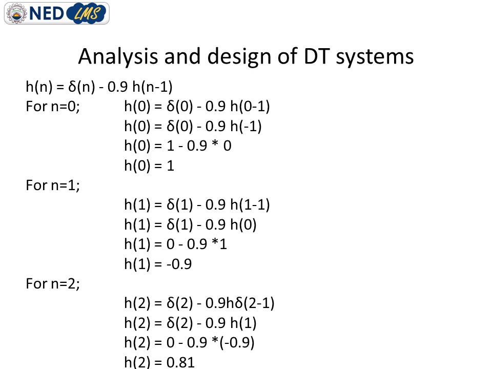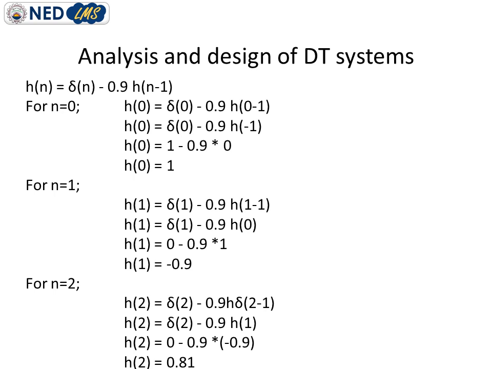Proceeding with other values of n, n is equal to 0: when we put n is equal to 0 in the equation, then delta of 0 becomes 1, because we know that the impulse is the function which exists for n is equal to 0 and its value is 1. So by putting the value of delta 0 equal to 1, we get the impulse response at n is equal to 0 is equal to 1.